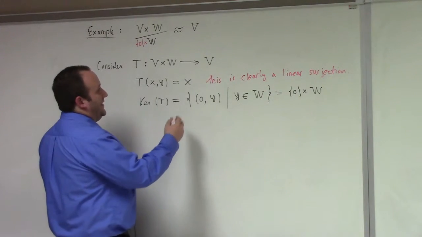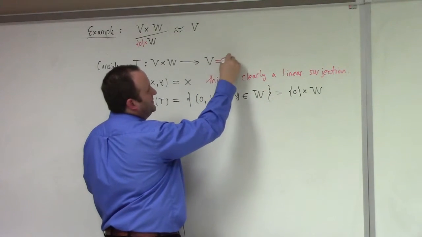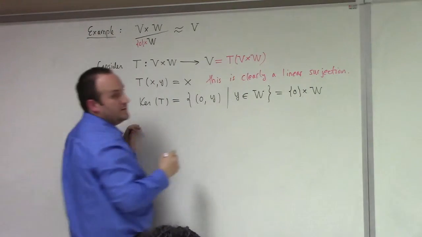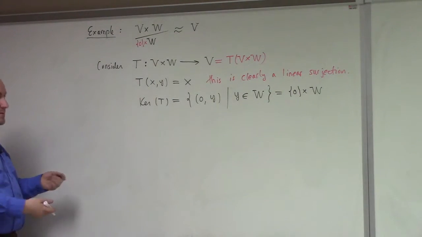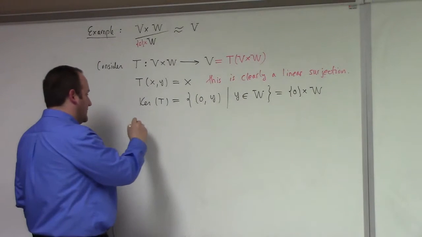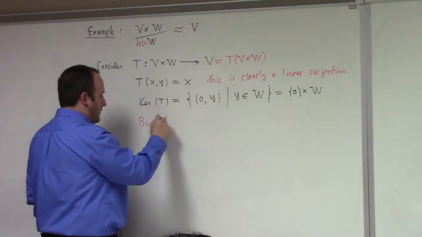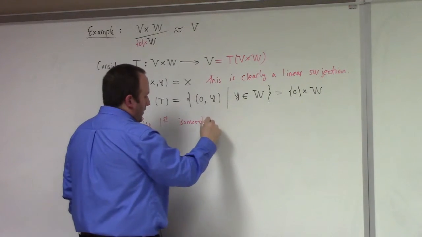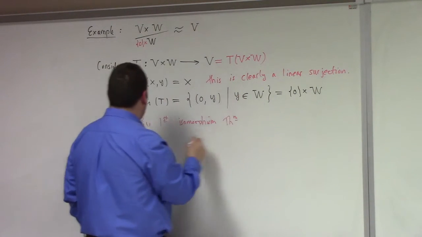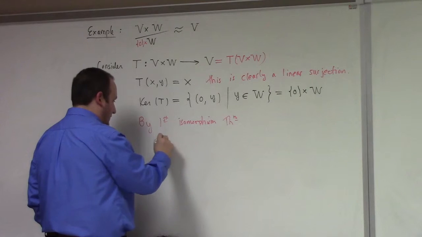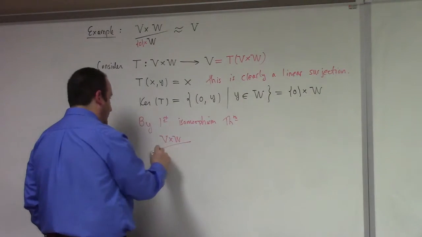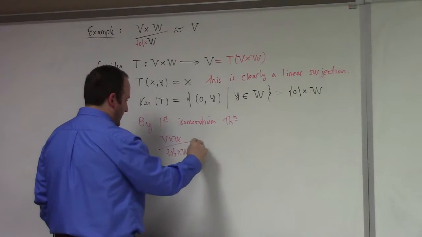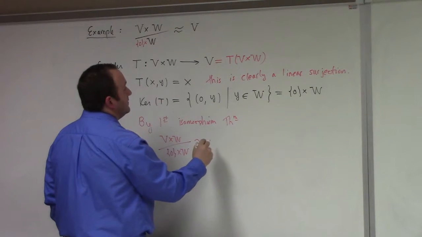Therefore V is actually equal to T of V cross W. So, by the first isomorphism theorem, we have that V cross W mod the kernel of T, which is 0 cross W, is isomorphic to V.